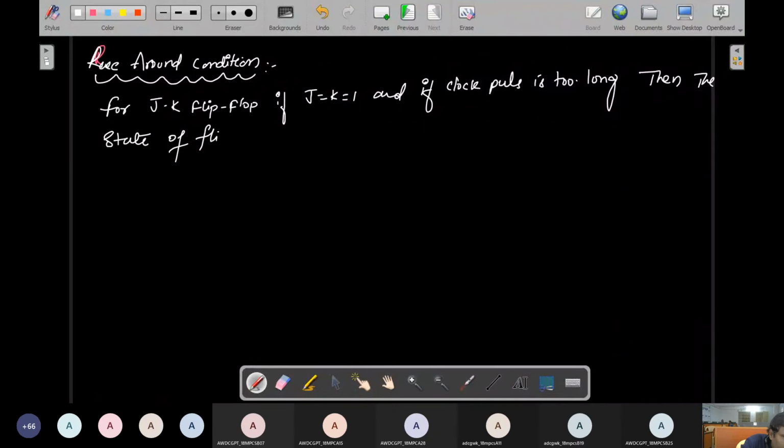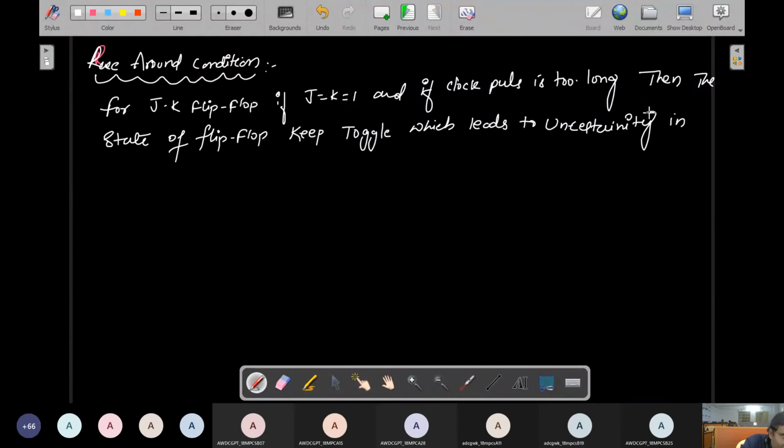of the flip flop keeps toggling, which leads to uncertainty in determining the output state of the flip flop.